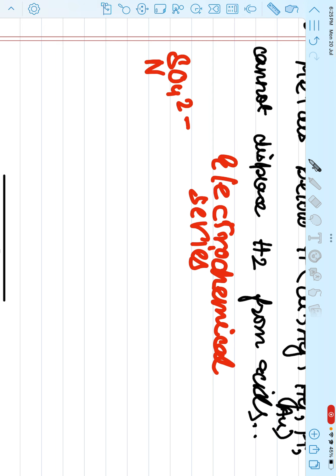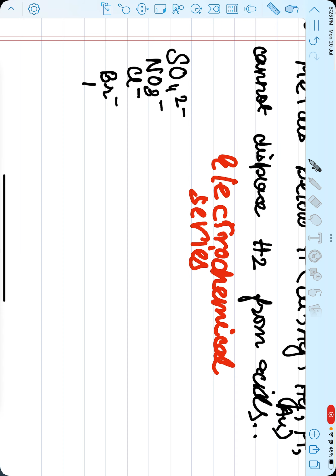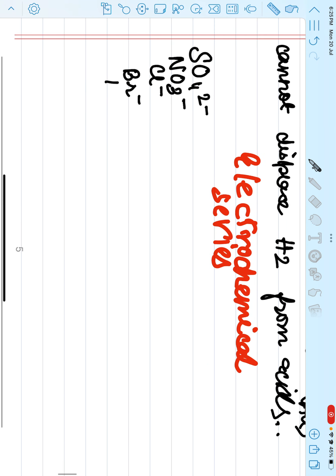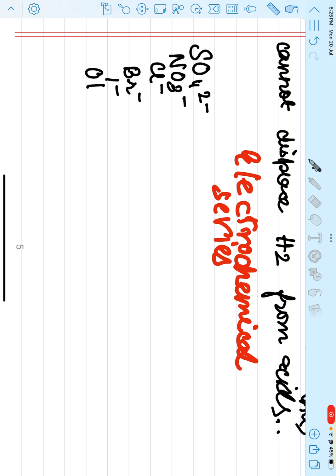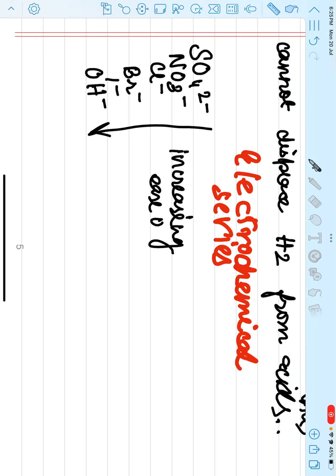SO4 2 minus, then NO3 minus, then Cl minus, then Br minus, I minus, that is iodide, then OH minus: sulfate, nitrate, chloride, bromide, iodide, and hydroxyl. This is the increasing ease of discharge.